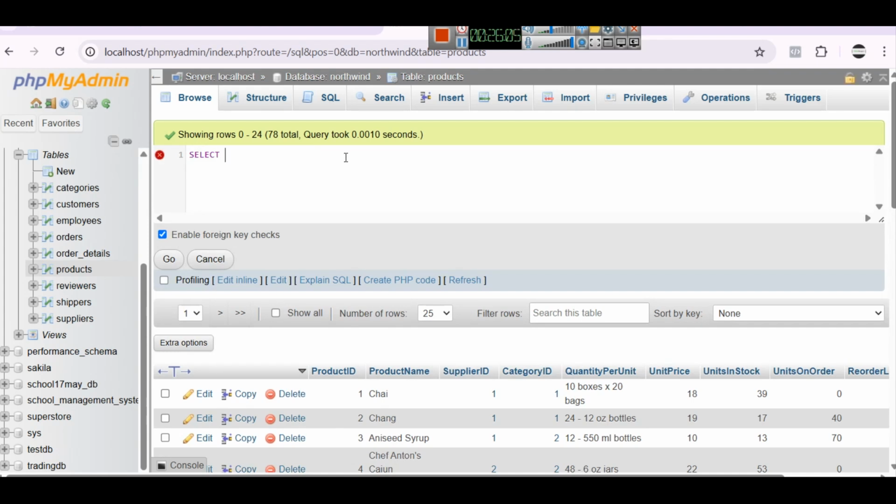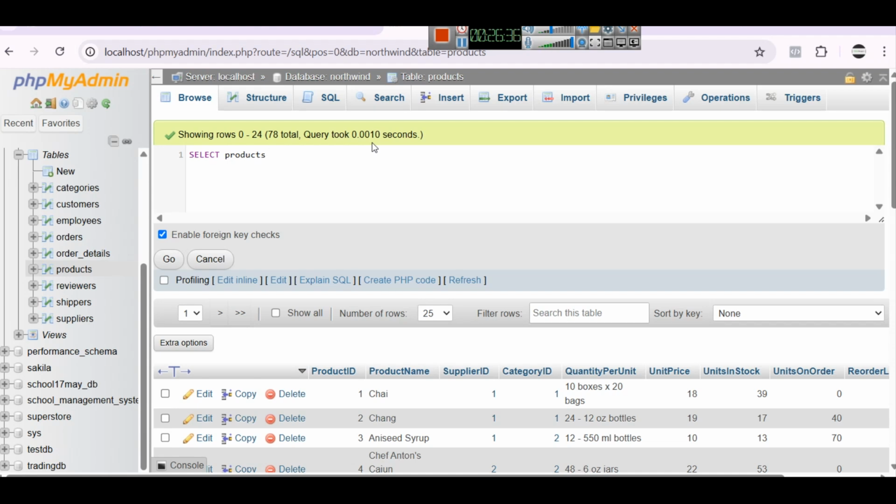Select table name supplier. Table name what? Supplier means product table. Select product, supplier name, supplier ID.